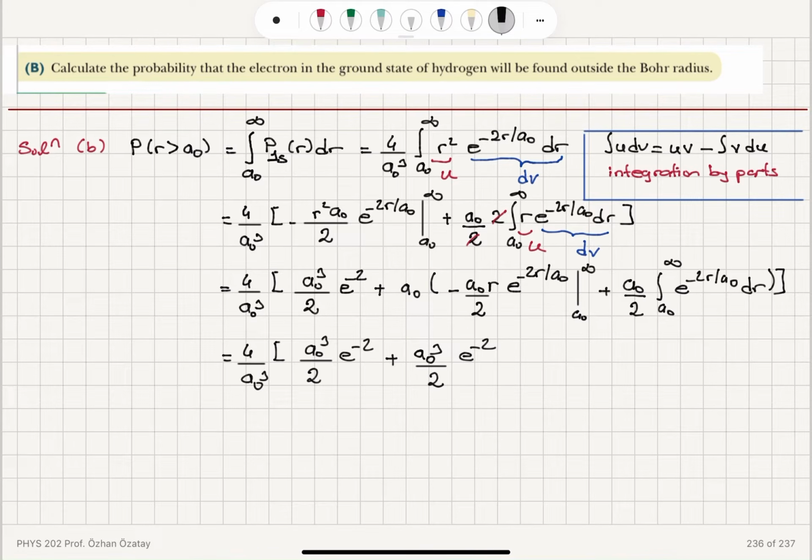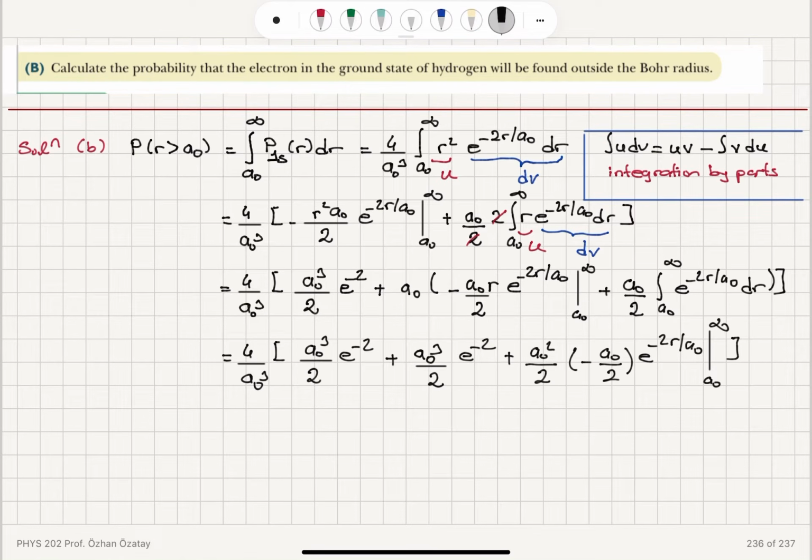Then I have a plus a0 multiplied by a0 square over 2. Then I have to perform this integral, which gives me minus a0 over 2 e to the minus 2r over a0, evaluated between a0 and infinity.